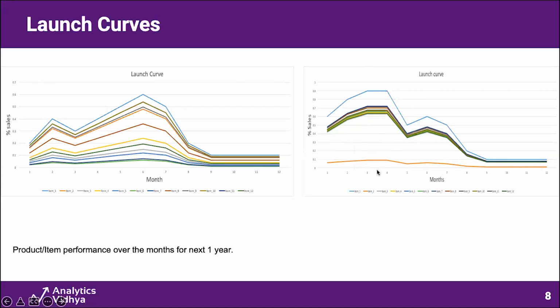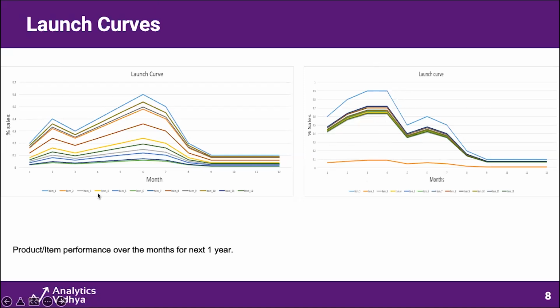You can have a call with business and try to understand the keys for these data points, and if required you can exclude them, because there's no point if you're representing a wider audience and a couple of data points are very specific to certain people, then you cannot generalize it. So talk to business and understand if you can exclude those data points from your analysis or learning, and based on the business call you can take the actions.